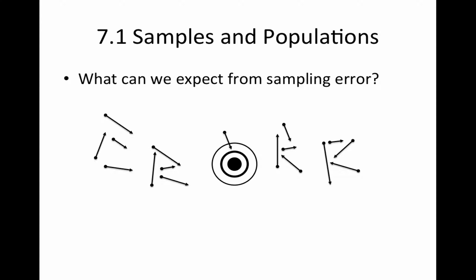So one very important concept here that we need to harken back to is the idea of sampling error. We know intuitively that when we take a sample from a population, as we discussed in class before, we're generally not going to get the same statistics from the sample that you would get from the population.